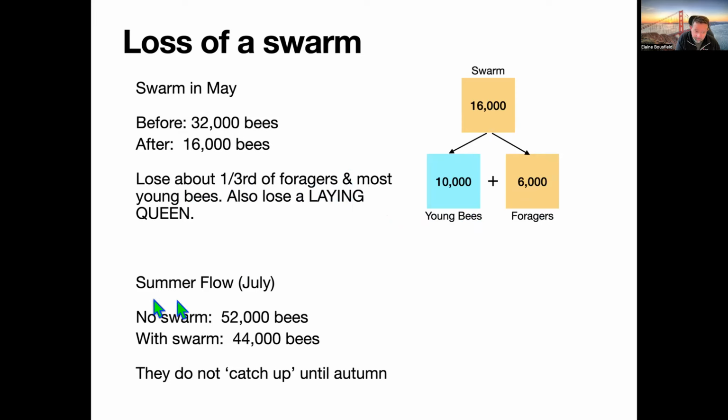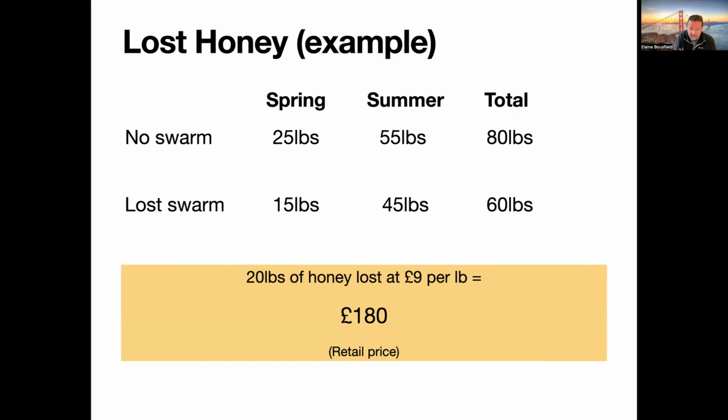So when you roll forward to July, if there was no swarm, you've got your 52,000 bees, but if they had swarmed, significantly less, and they won't catch up until too late. And translating that into lost honey, based on the numbers that I was looking at before, this is what I would expect a lost swarm to do.